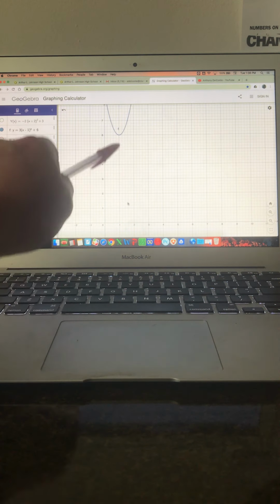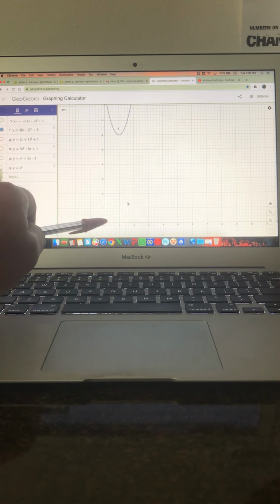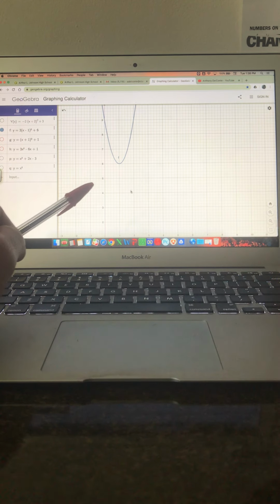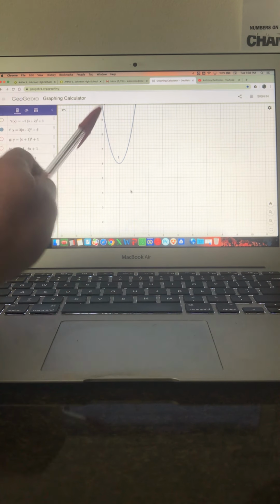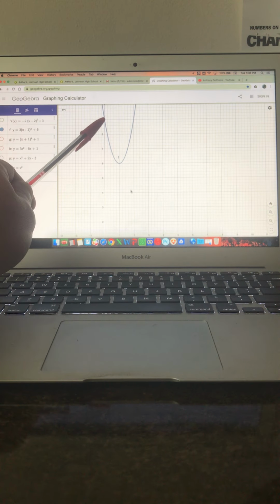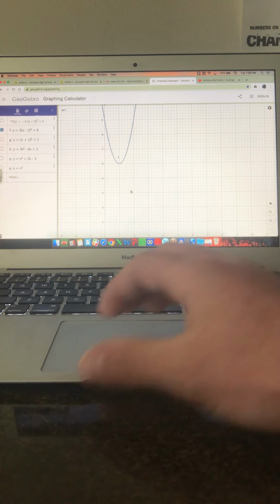So right 1, up 6. When you pick a point on both sides, 0 and 2, and you plug them in, you should get 9s for them. So your coordinates: 1, 6, 0, 9, 2, 9.